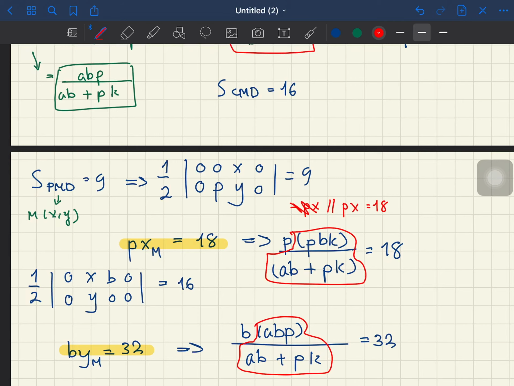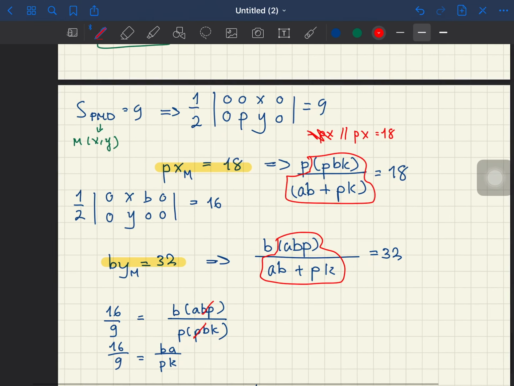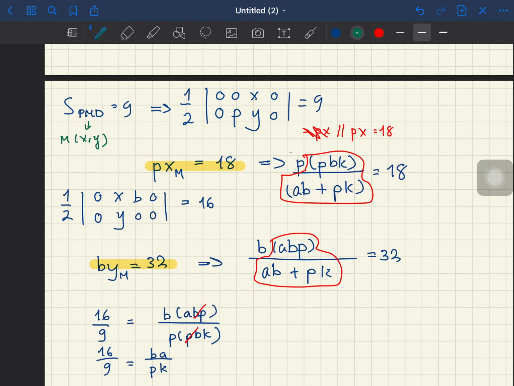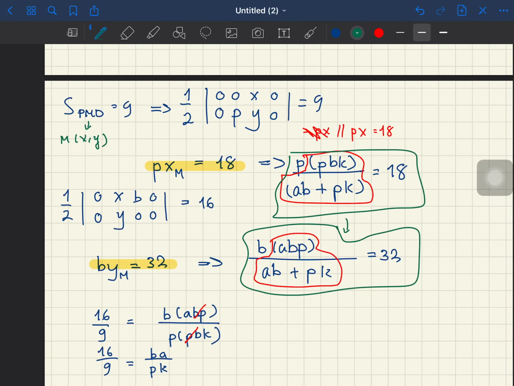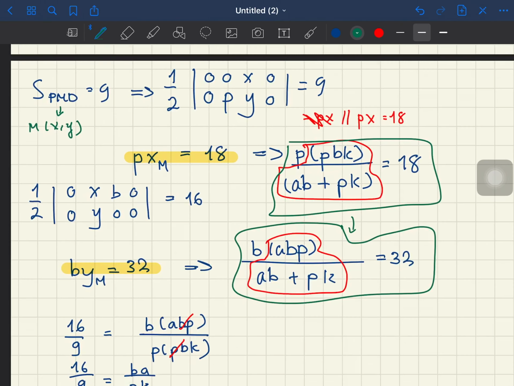But it's fine, because what I'm going to do is divide this entire thing by this thing, because instead of having two fractions separately, you can just have one fraction via the division.